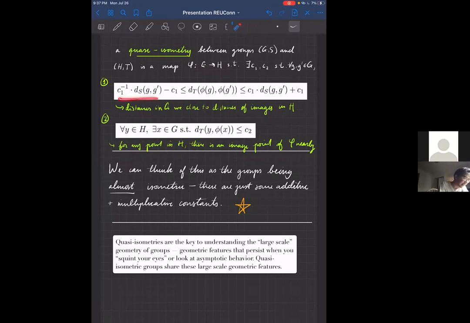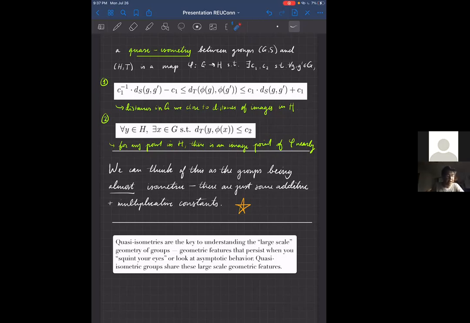And I have these two sort of ugly conditions, but you don't have to stare at them. All that they're saying is that distances in G between any two points g and g prime are close to distances of their images under phi, up to these additive and multiplicative constants arranged like this.